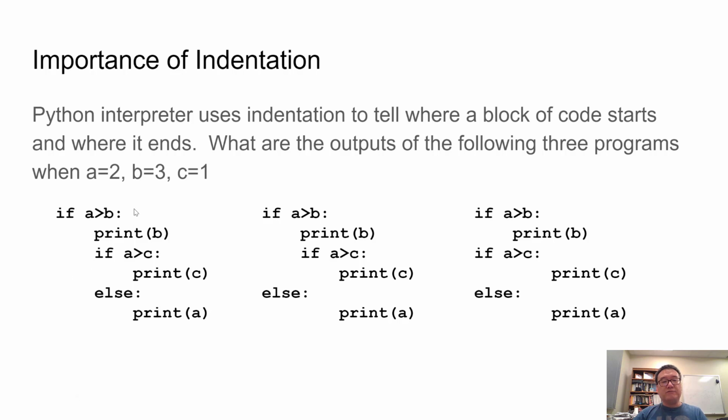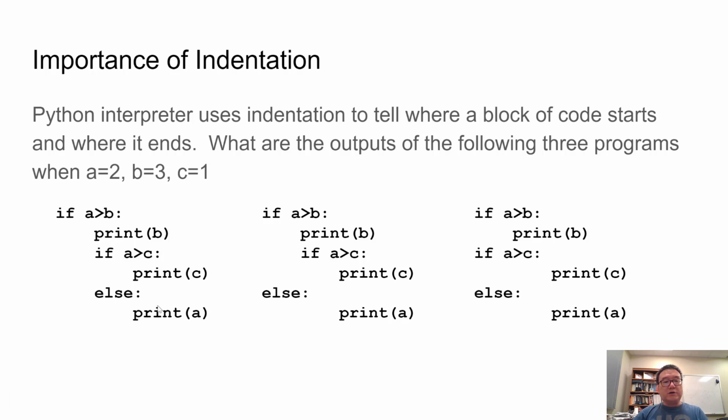But in Python, we don't have those open and end brackets. Instead, things are determined by indentation. Essentially, everything following the if statement that is indented is interpreted as the body of the if statement.